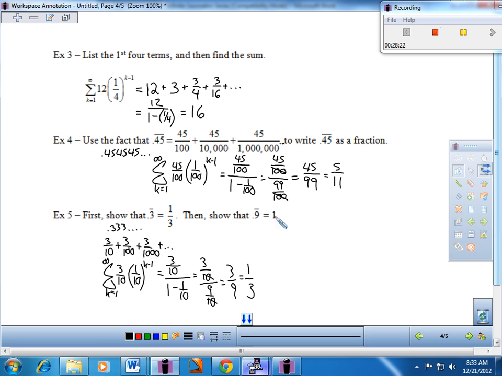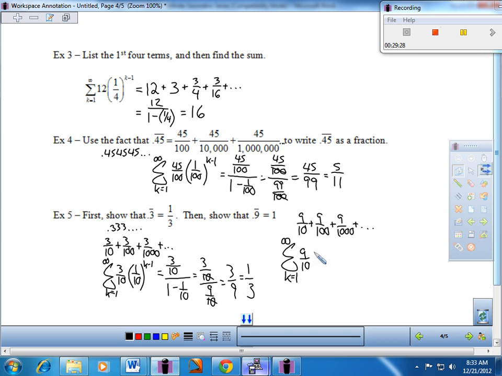Well, let's go for it. So it works in the same way. 9/10 plus 9/100th plus 9/1000th plus dot, dot, dot. And so what I'm going to do is add an infinite number of terms together that are geometric in nature. The r value does fit in our interval.